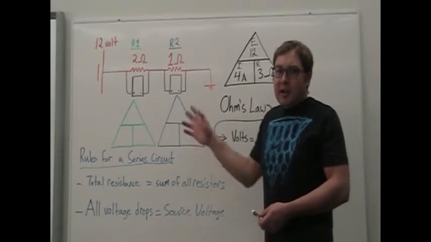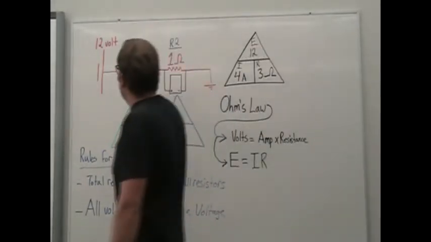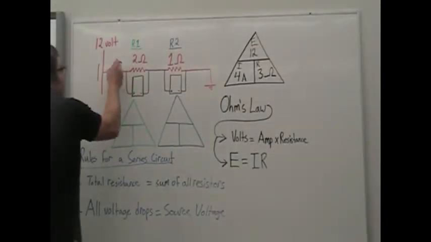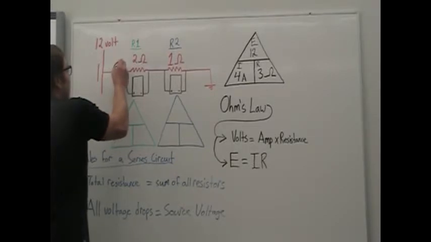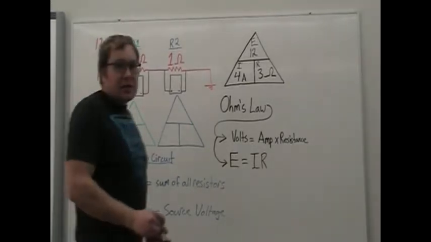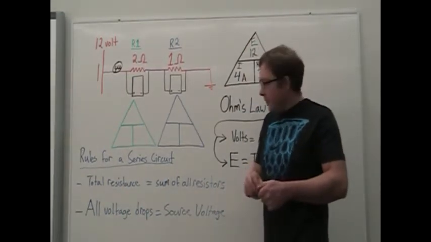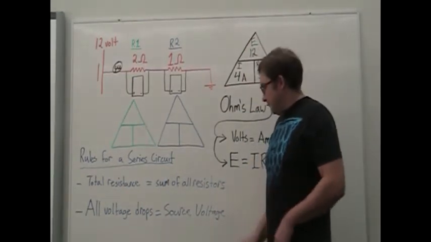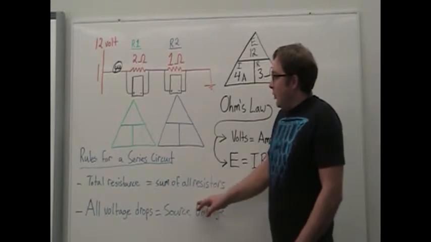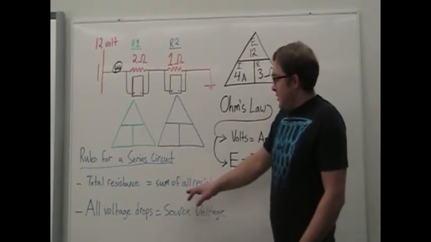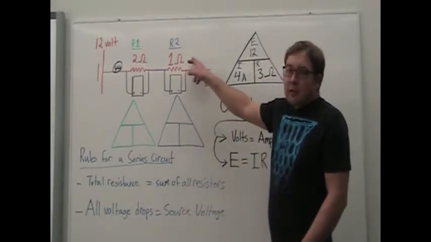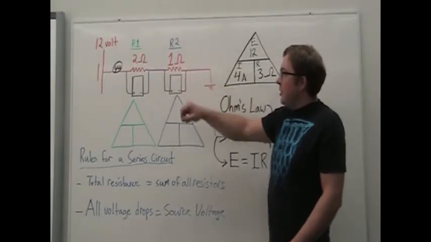So I'm just going to go ahead and draw a little circle here and put my 4 amps there, just as a reminder for when I'm doing my calculations later on. Okay. So resistance is the sum of our resistors, and we got 3 on that.